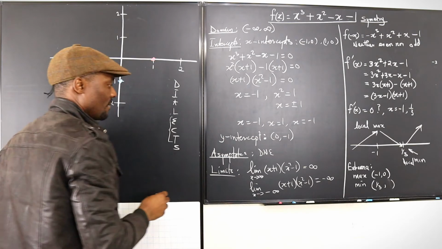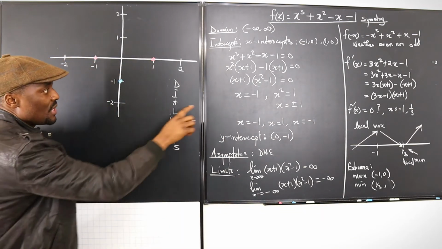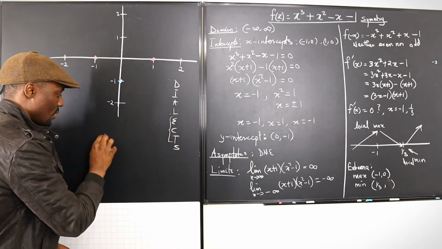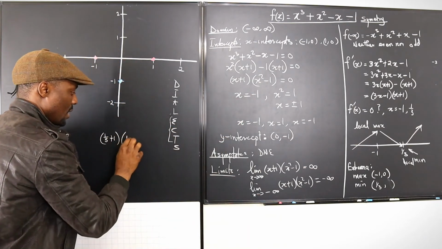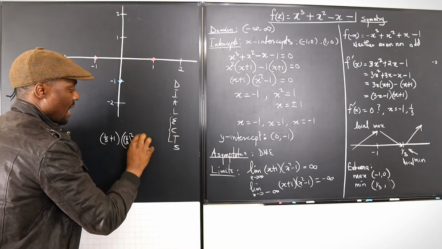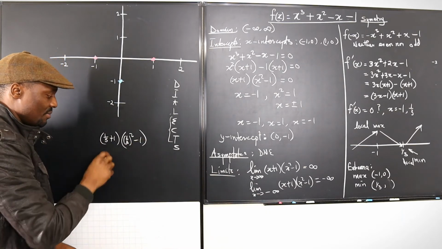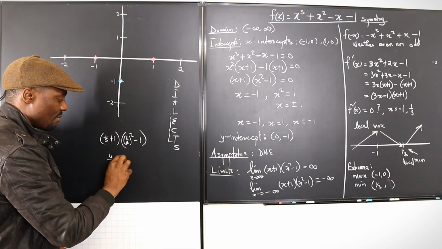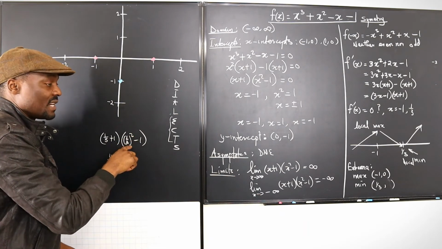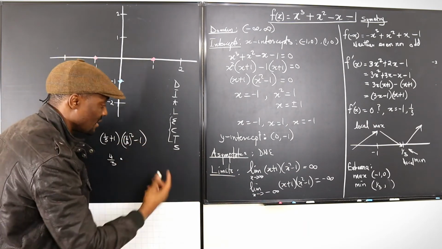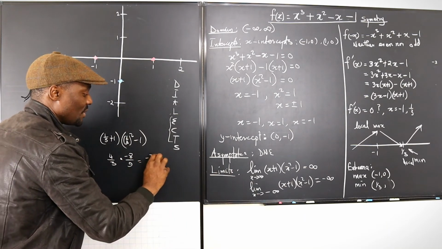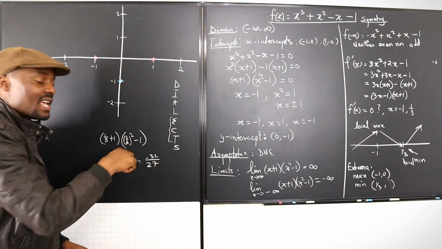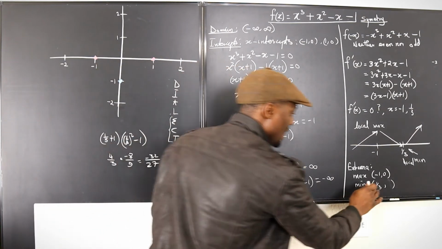It's going to be 1/3 plus 1, multiplied by 1/3 squared minus 1. I tell you this is going to be 4/3 multiplied by 1/9 minus 9/9, which is -8/9. Your answer is -32/27.